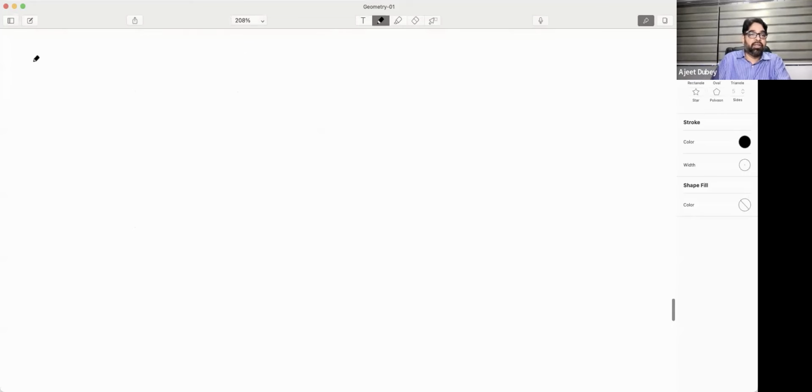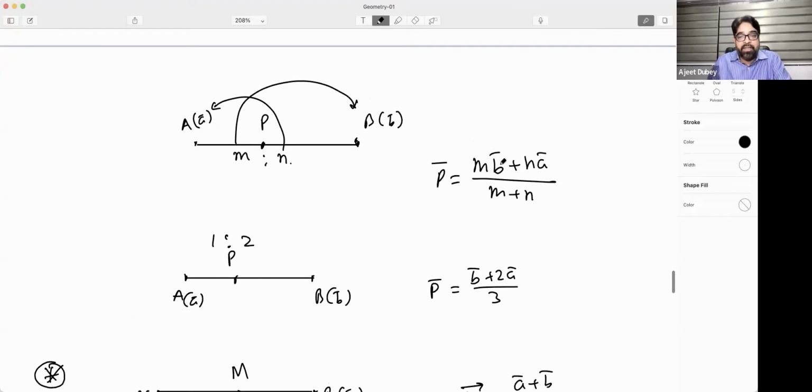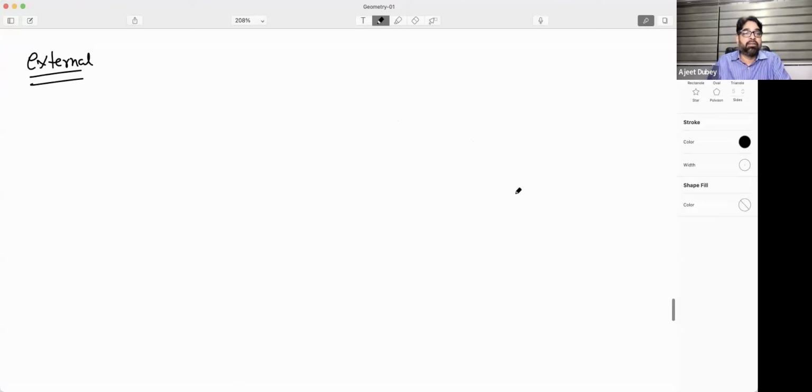Similarly, external division. Slightly more understanding is required. Compared to internal division, wherever plus is there, you have to write minus. That's the only thing. Suppose this is A and B. Please concentrate.